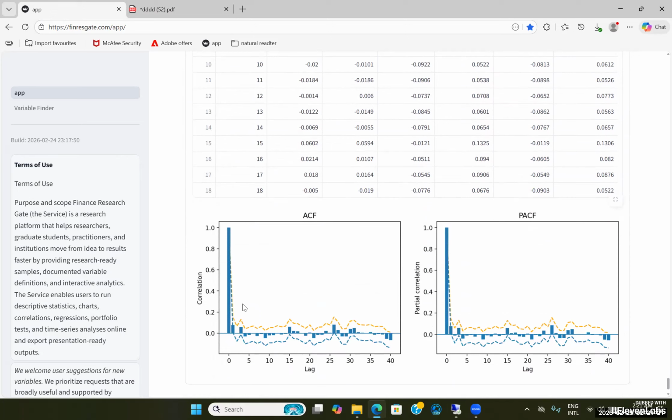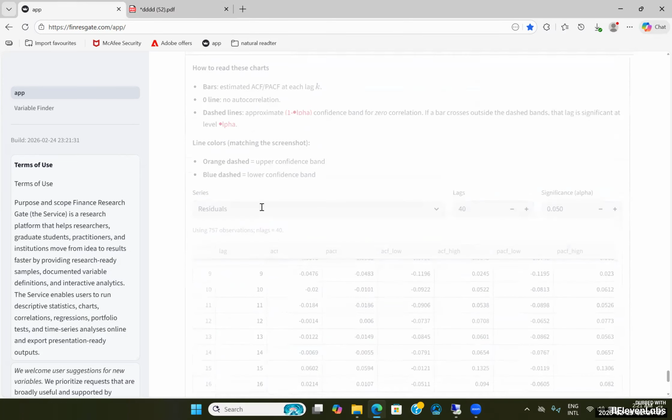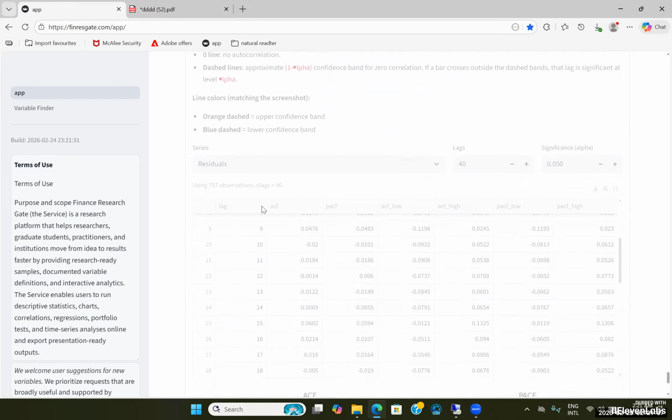So, if our calculated correlation coefficient either goes beyond this upper limit or drops below the designated lower line, this would then signify that we are indeed observing a statistically significant level of autocorrelation. So, for the original series, you'll want to select only the residuals part. And then we'll need to determine if we have a white noise process after applying the ARMA model.